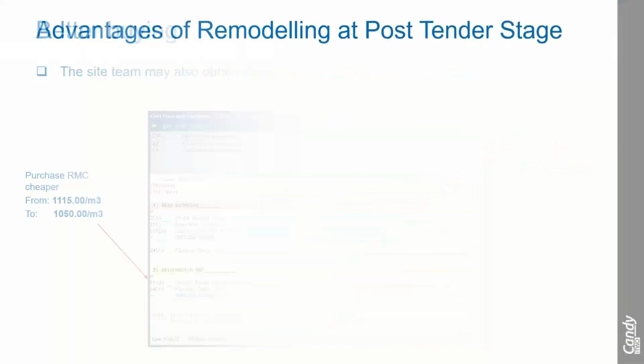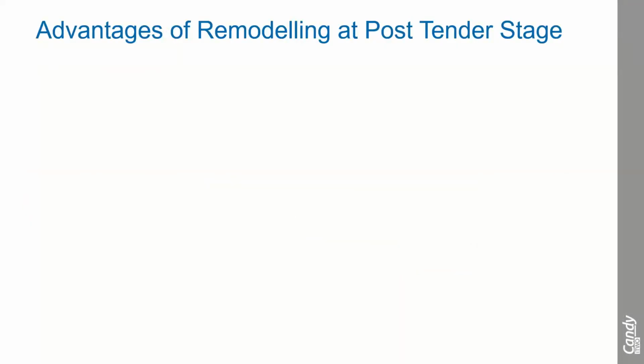So these are some of the advantages of remodeling at post-tender stage, and just as my previous PowerPoint slide, better production. So production may be adjusted to suit the site team, which can even better the rates. Construction methods. So use ready mix instead of batching on site, which creates also less utilization of resources.